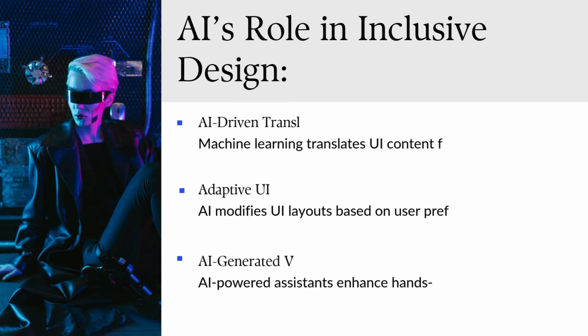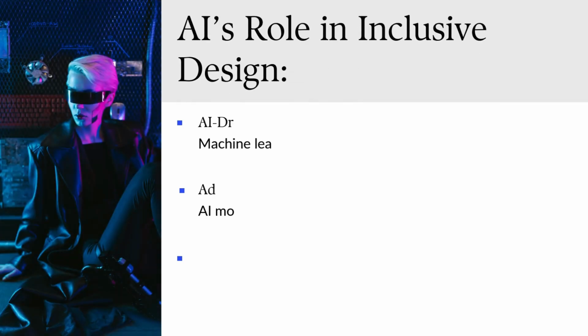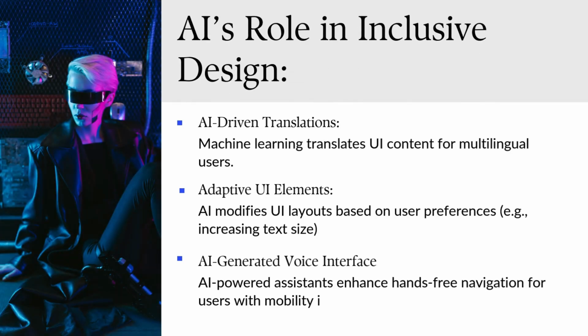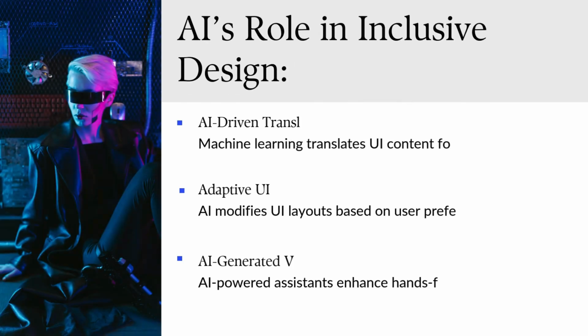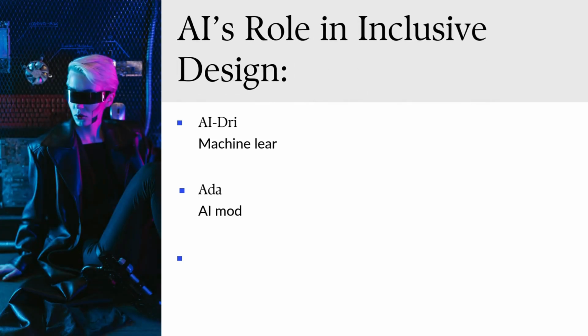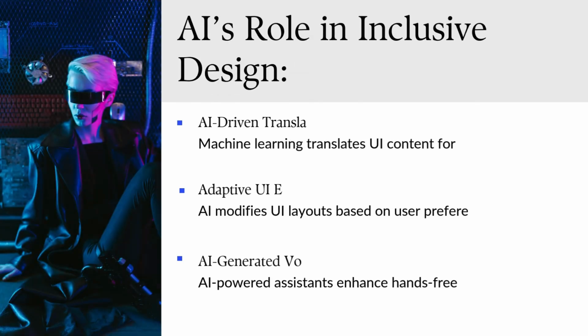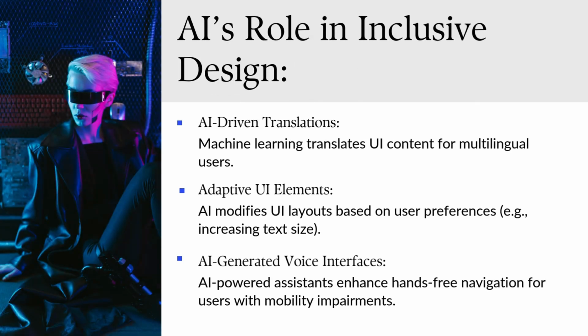So guys, let's move ahead to talk about some of the AI's role in inclusive design. First things first, we have what we call the AI driven translations. With these, machine learning translates UI content for multilingual users.